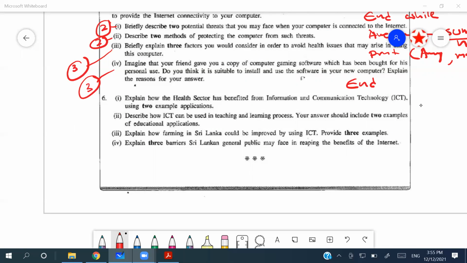It says, explain how the health sector has benefited from information and communication technology using 2 example applications. We have many different things. We have advanced equipment to do scannings and to find out what illness is within a patient. As well as computer aided facilities where we can design innovative things without giving a hard time to a patient.